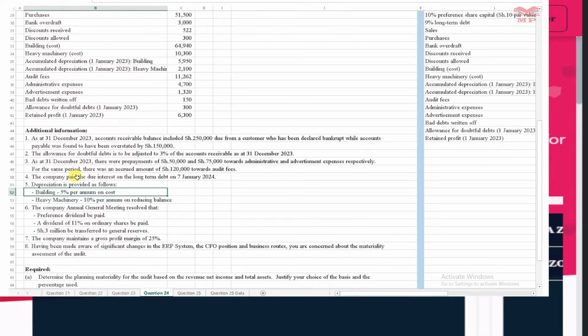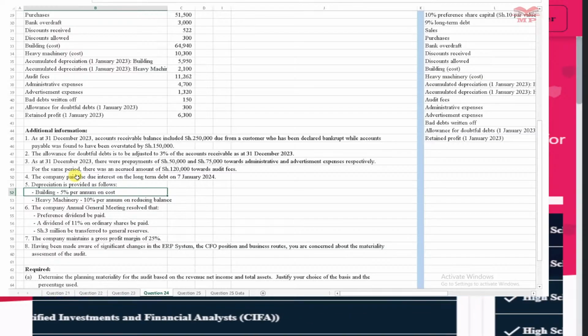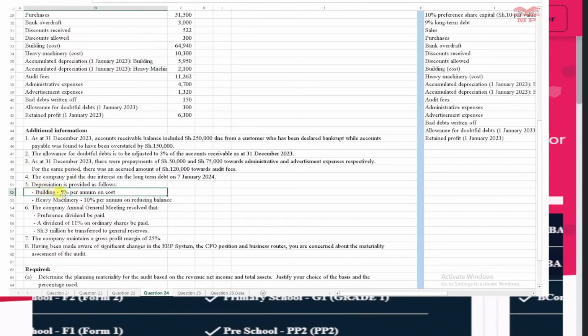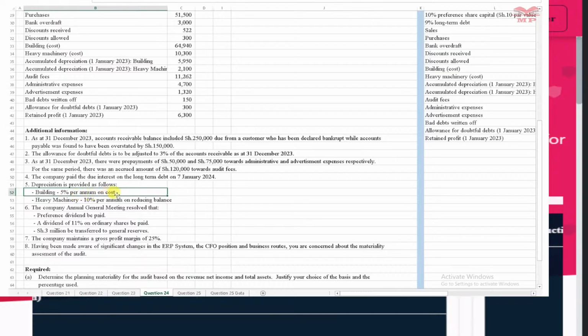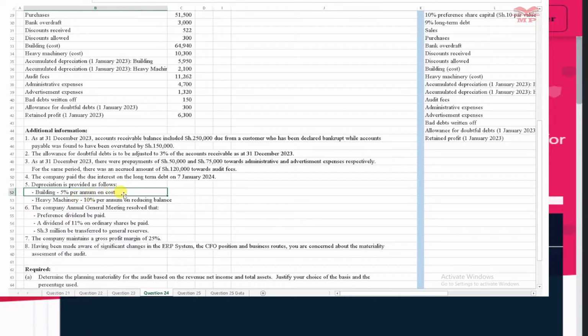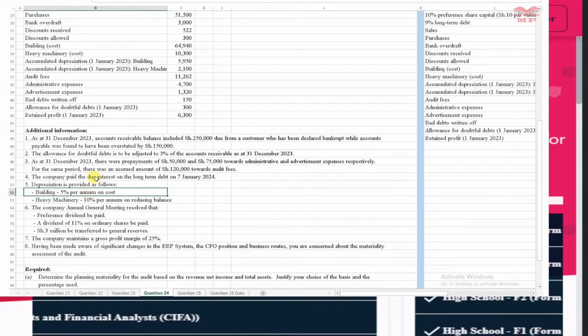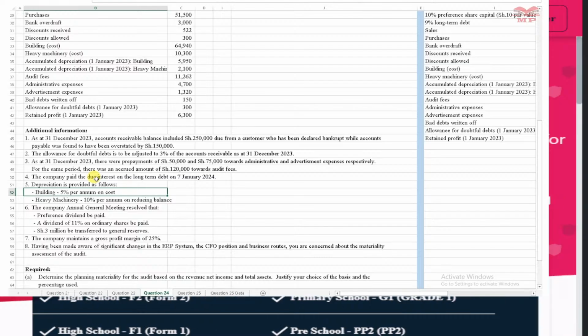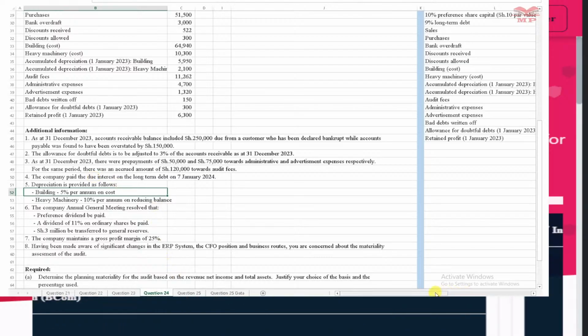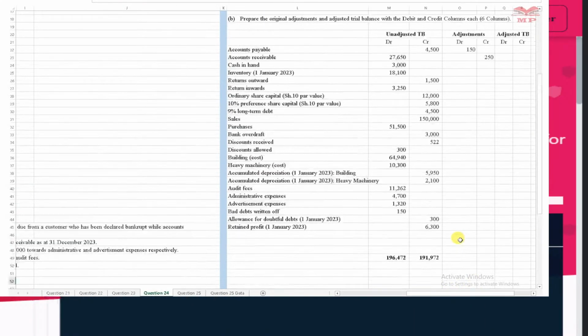Depreciation: 5% per annum on cost for building. So 5% per annum on cost is 5% of which value? 5% of building on cost is here.